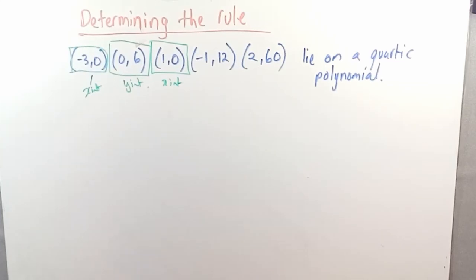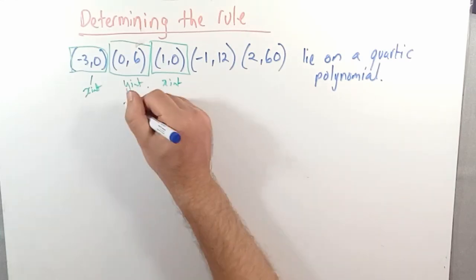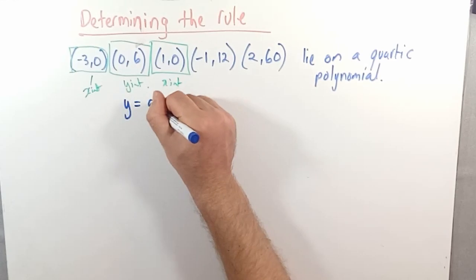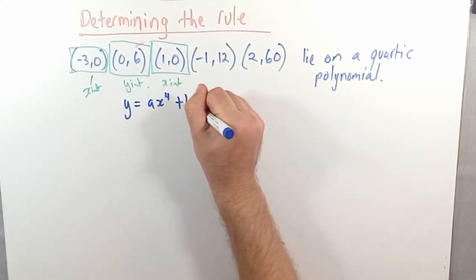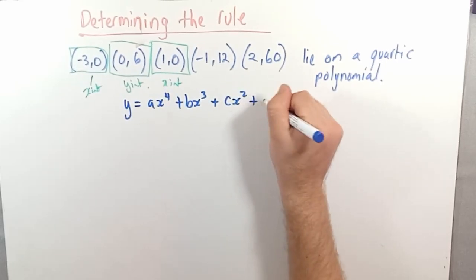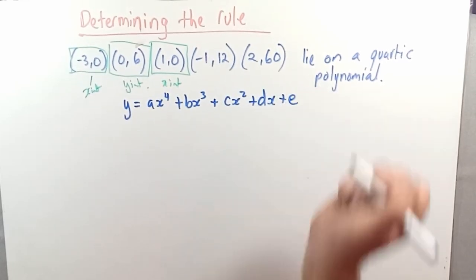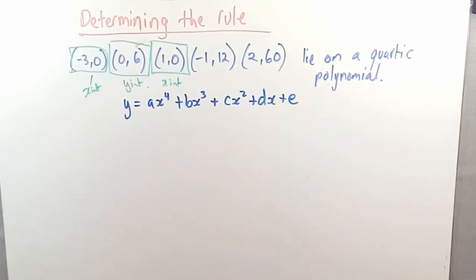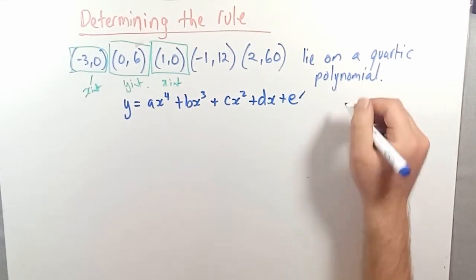But these are special. Okay, so if I said the quartic was, now let's write this out, y equals ax to the 4 plus bx cubed plus cx squared plus dx plus e. Okay, well, we know what e is. We've got e down pat.